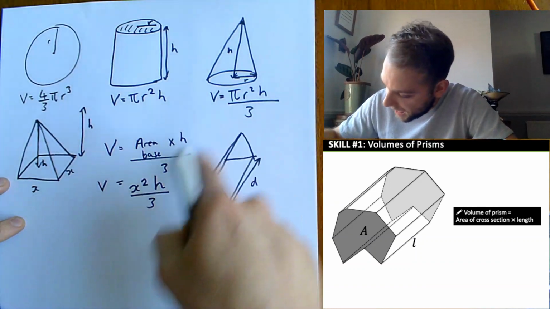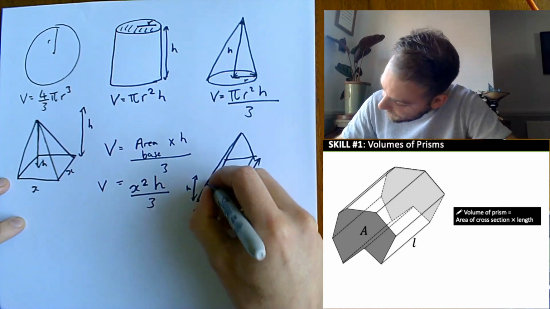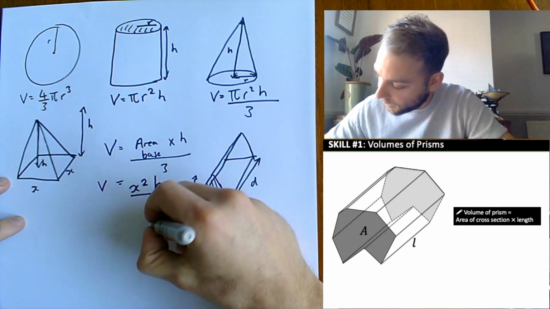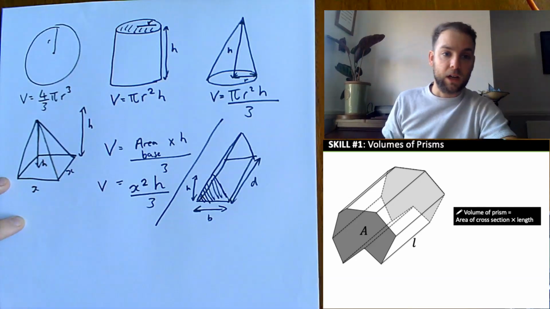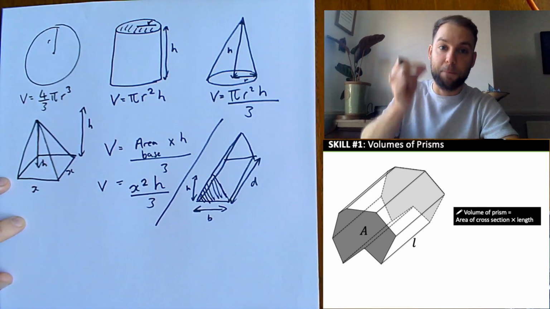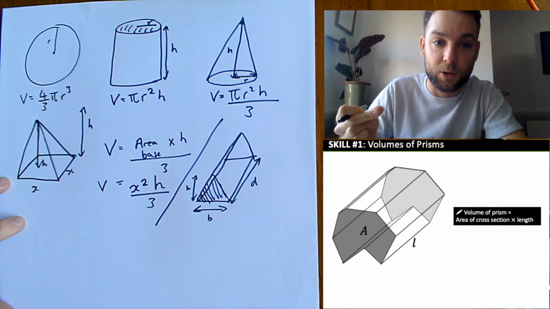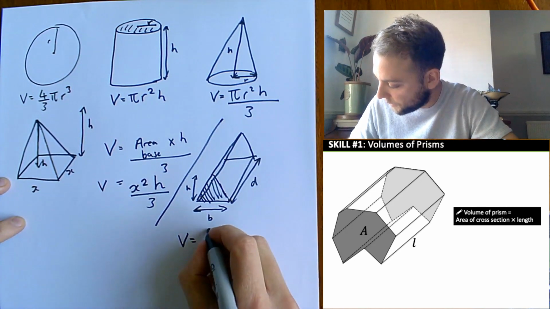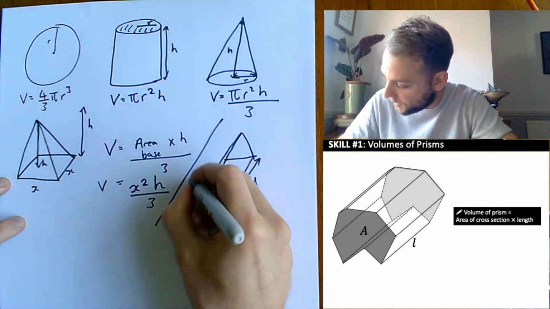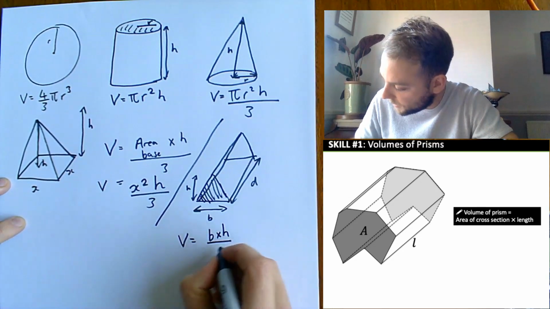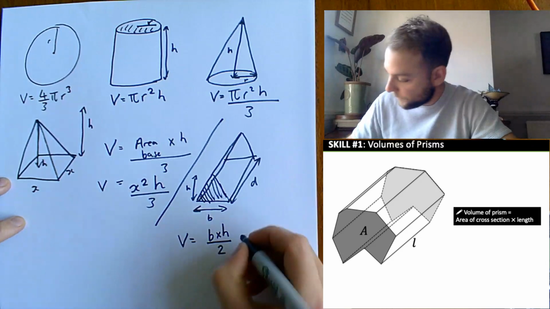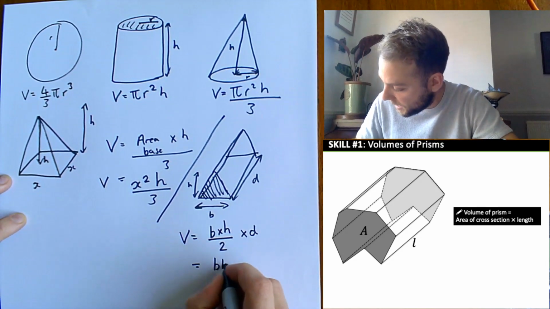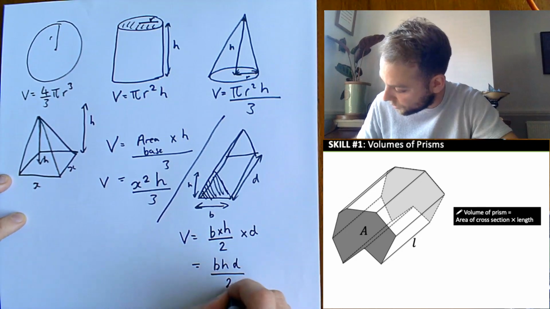So the area of the cross-section, which is this part here, remember with a triangle, let's put a line there so you know these two are separate. With a triangle, it's base times height divided by 2. Okay, do not forget that divided by 2. So the volume of this one is going to be base times by this height here, divided by 2, because it's a triangle, times by the depth. If you want to simplify that, it would be b h d over 2.